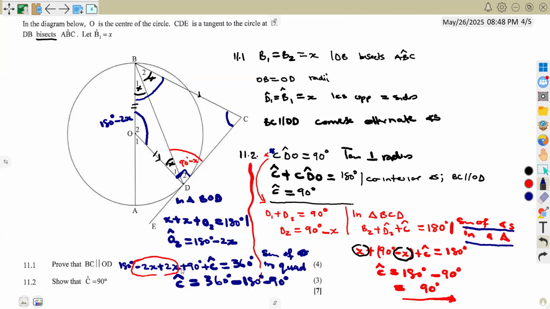Eventually, the answer here was going to be 90 degrees for your C, which was the requirement of this question.